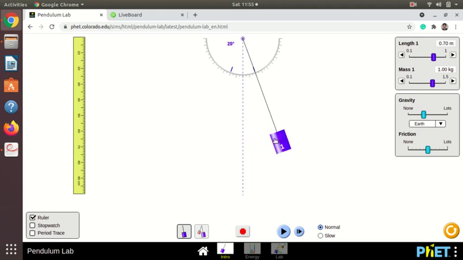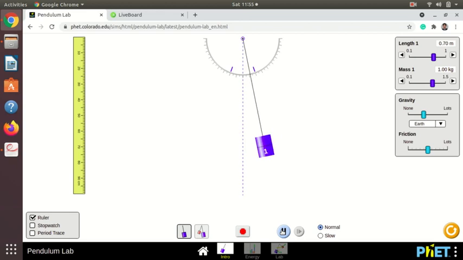You can see here at 20 degrees, I have released this. 1, 2, 3, 4, 5, 6, 7, 8, 9, 10, 11.